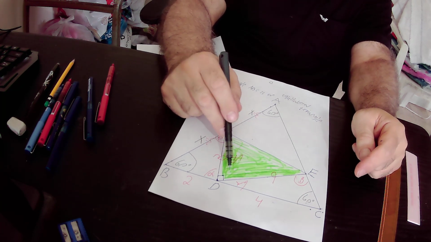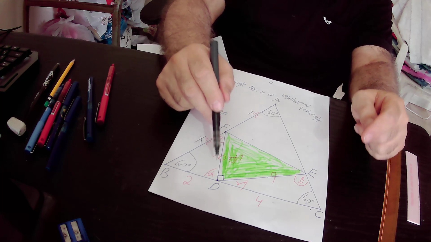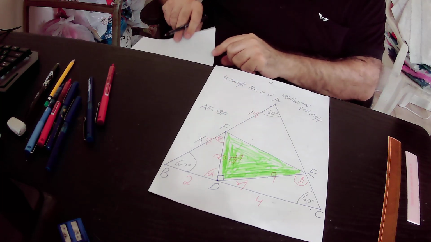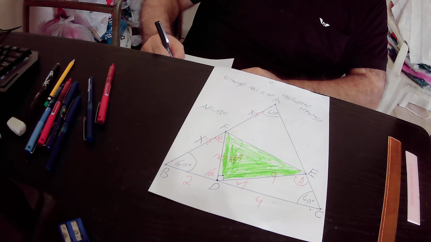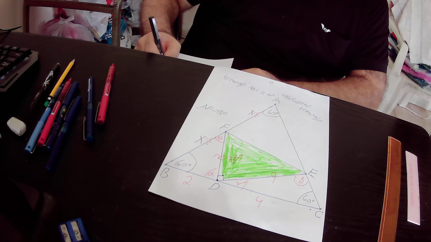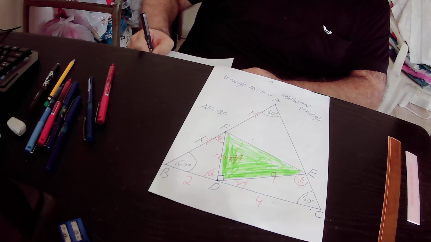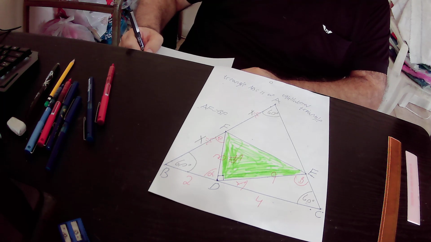That is to say, gamma plus 90 degrees plus alpha equals 180 degrees.